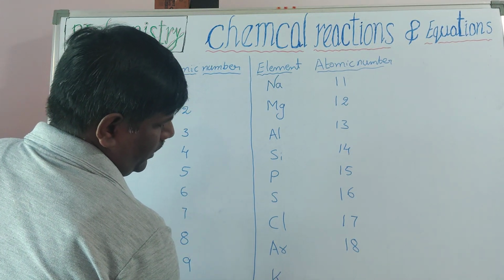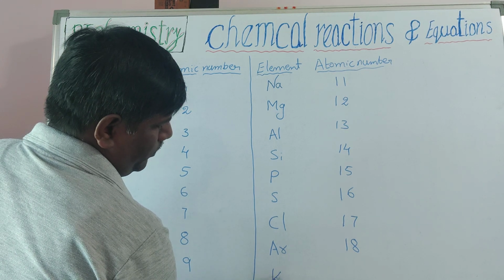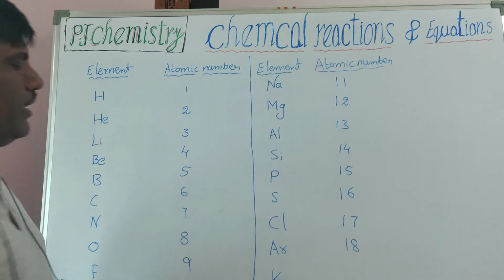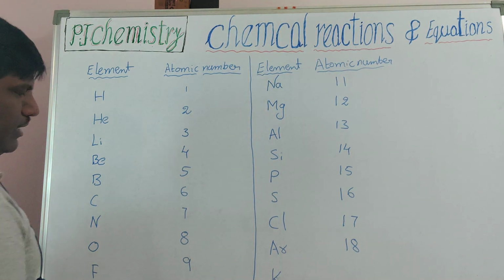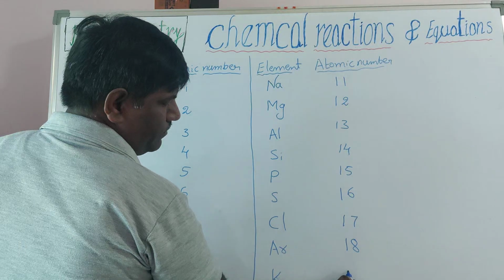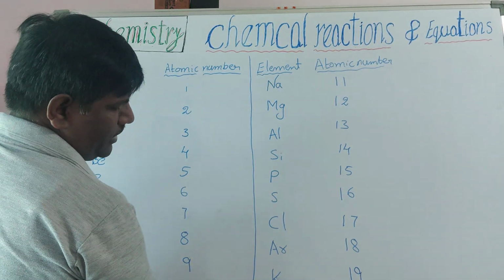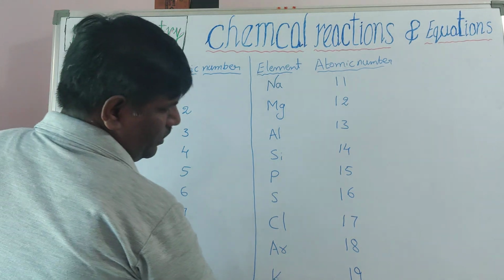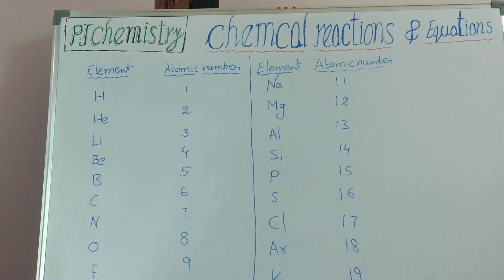Potassium. The Latin name of potassium is Kalium. The symbol for potassium is taken from the Latin name Kalium. The first letter of Kalium is K, so they are using K. 19. Calcium, Ca, 20.